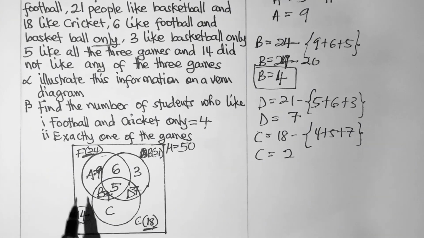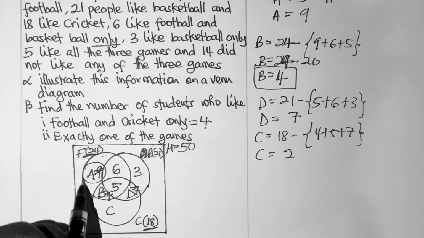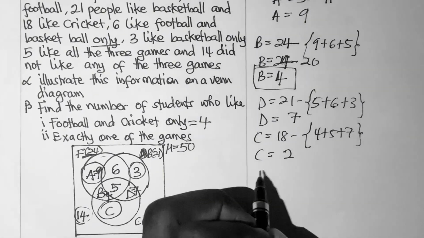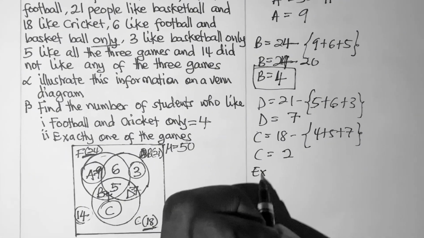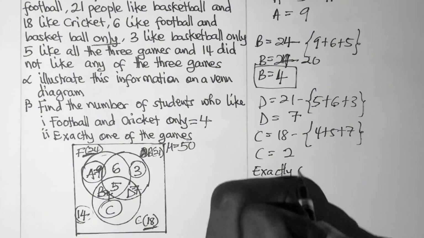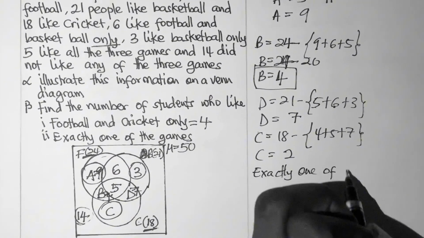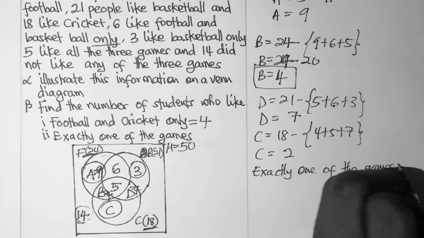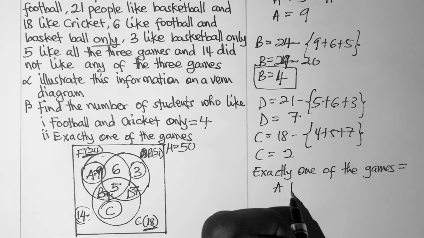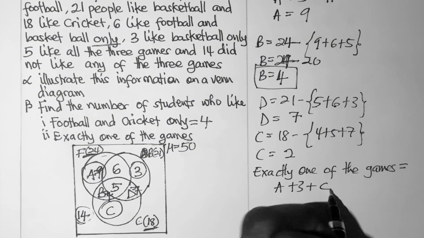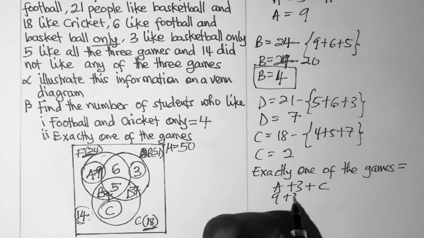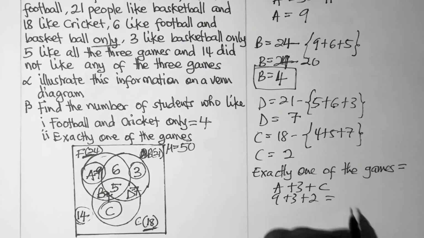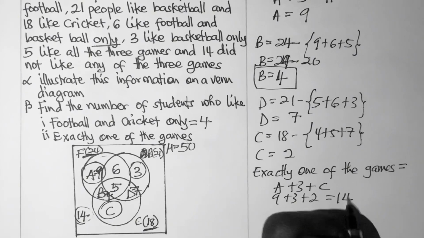So exactly one of the games is this 9 plus 3 and then plus C, which is equal to A plus 3 plus C. But A is 9 plus 3 and then C is 2. So 9 plus 3 is 12. 12 plus 2 is 14. So this is equal to 14.